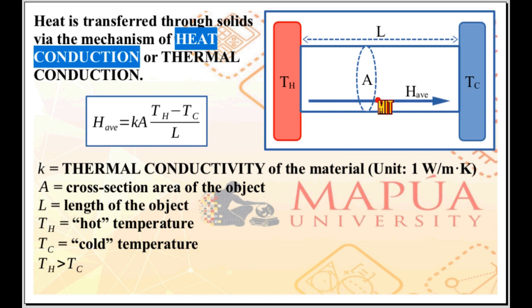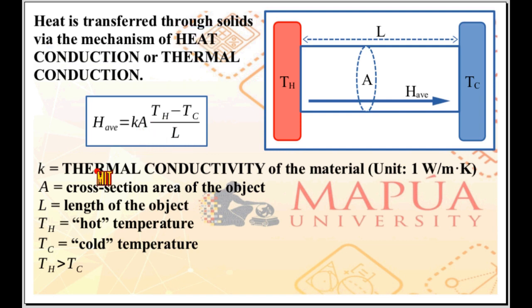So from hot to cold, if we look at how fast heat is being transferred from TH to TC, we are looking at heat transfer rate, H average, and H average is given by K A (TH minus TC) over L.